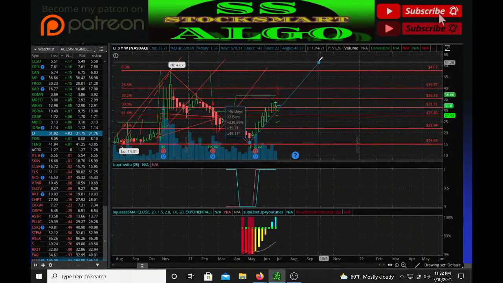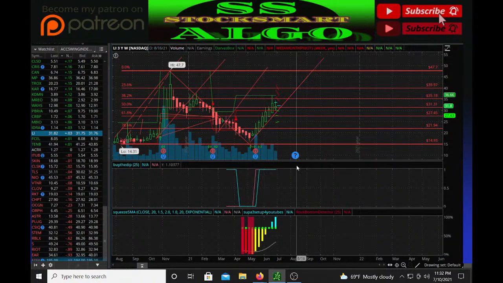Okay. So we can see these ranges here, and these ranges really extend. I mean, they are out there.